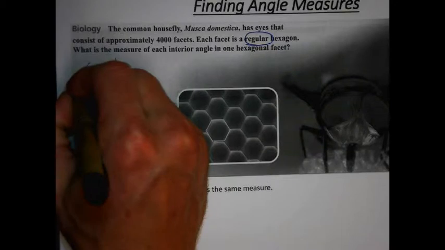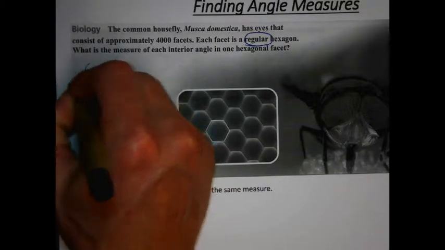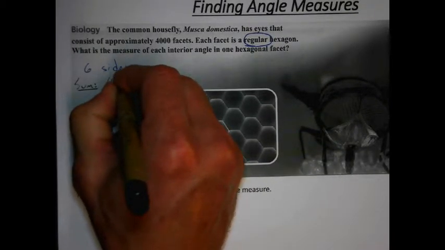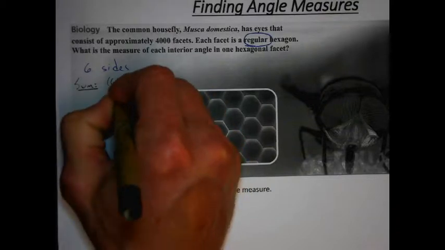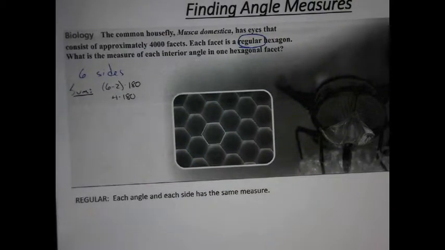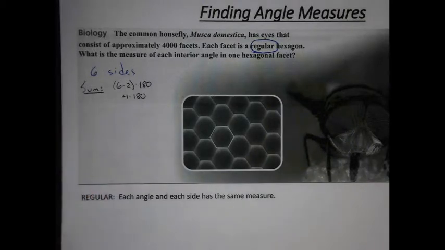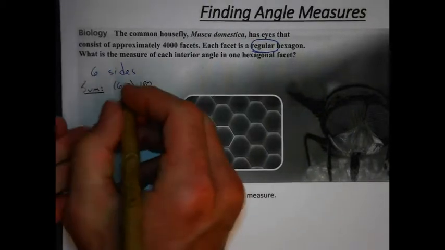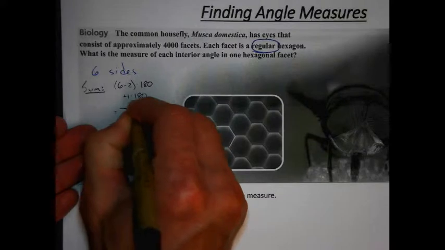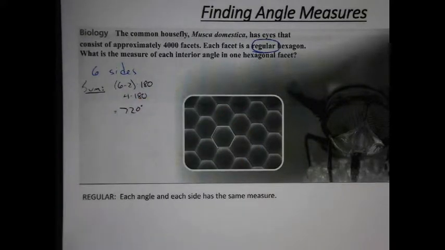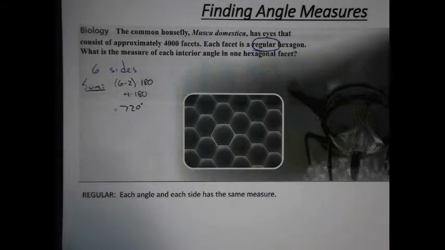So the sum of the interior angles is going to be 6 minus 2 times 180, or 4 times 180. Remember, we just used that fact previously. So what is that? 360 and 360, 720. Okay, so we're going to get 720 degrees. So the total of the interior angles is 720 degrees.